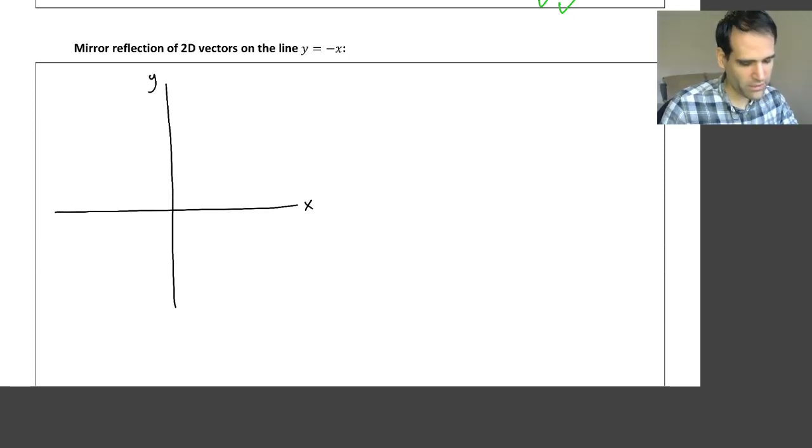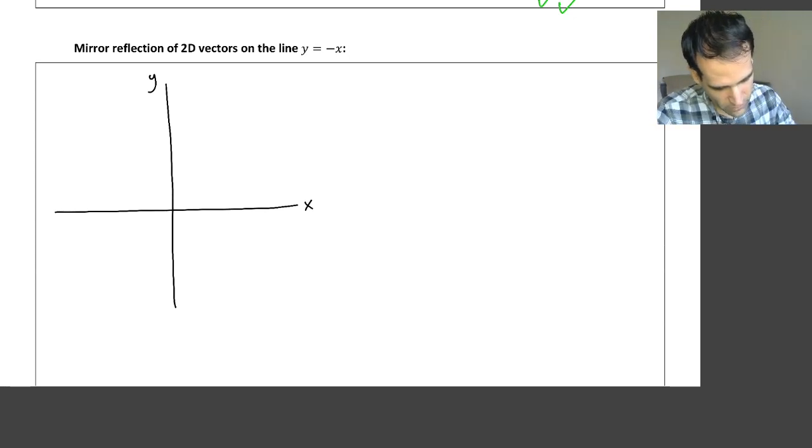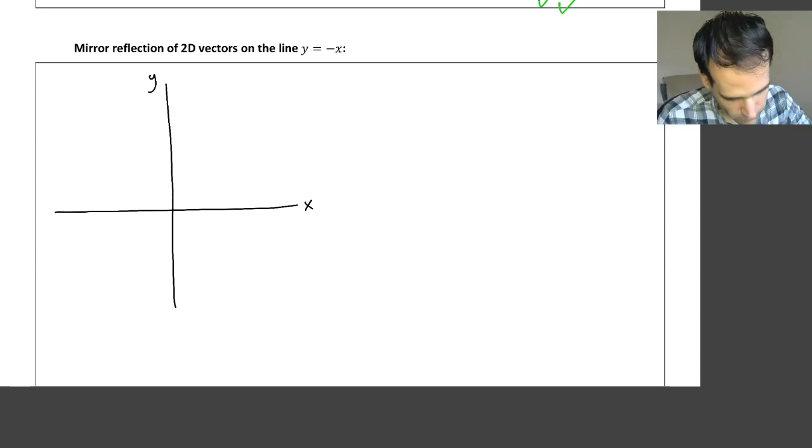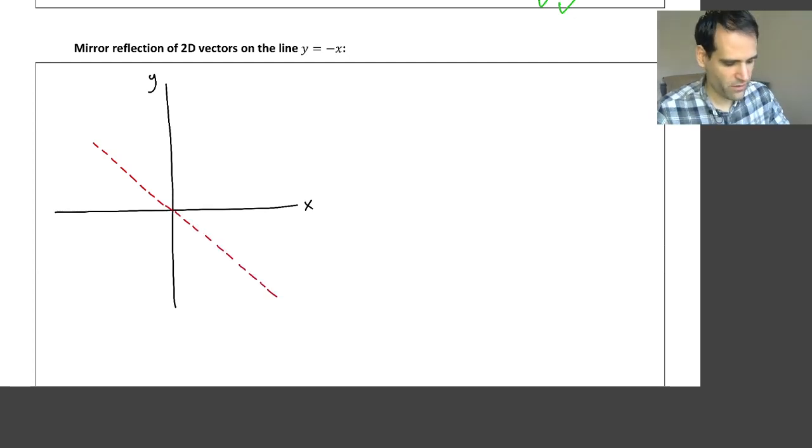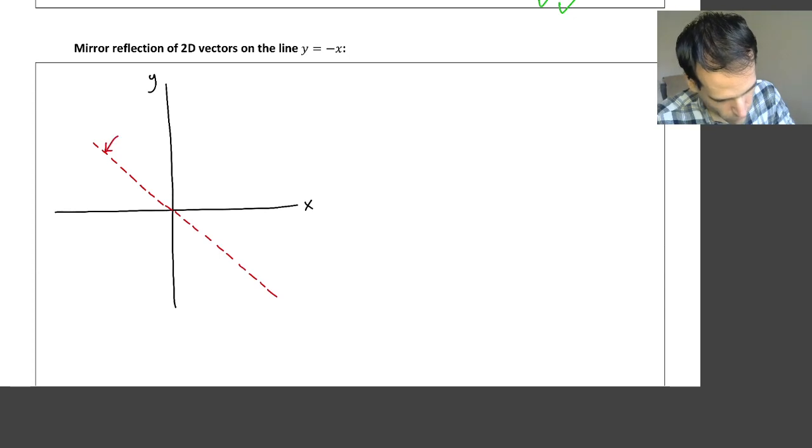And the line, so we want a mirror reflection on the line y equals minus x. So what's the line y equals minus x? How does it look like? It looks like this. Crosses the origin and it has a slope of minus 1. Yeah? So this is the line y equals minus x.